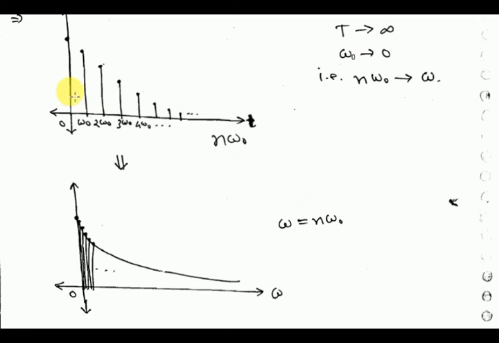Omega naught tends to 0 means previously the spectrum was like this, now each sample will be very close to the previous sample, so all samples become closer like this. Now the spectrum will be continuous, meaning n omega naught becomes omega. Here the omega value was n omega naught: 1 omega naught, 2 omega naught, 3 omega naught. Now all terms become omega. Now we have to put only omega's value here.